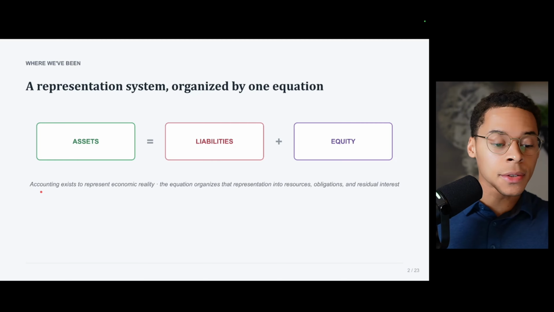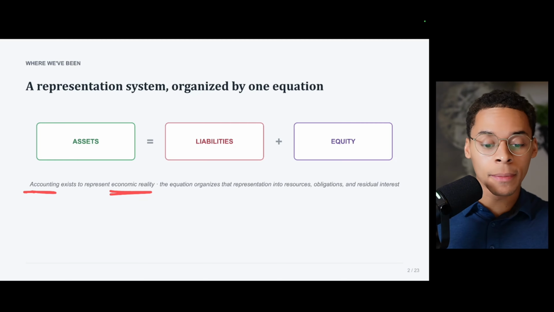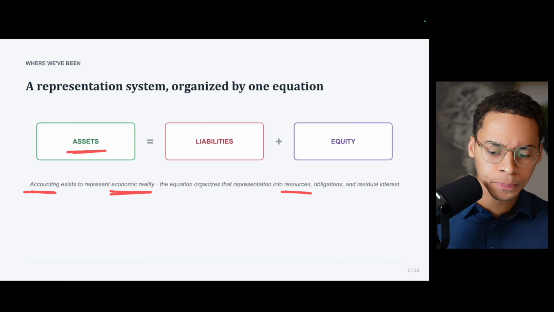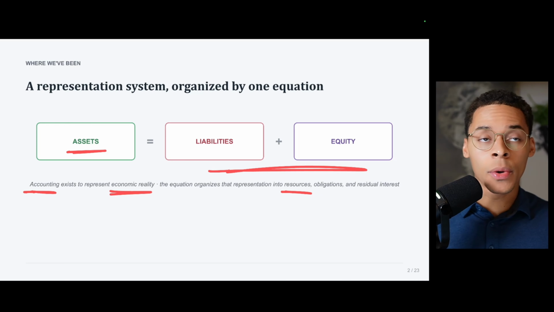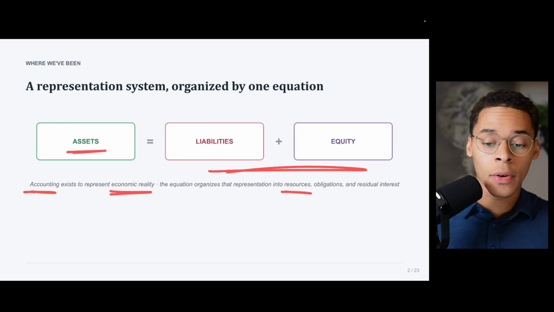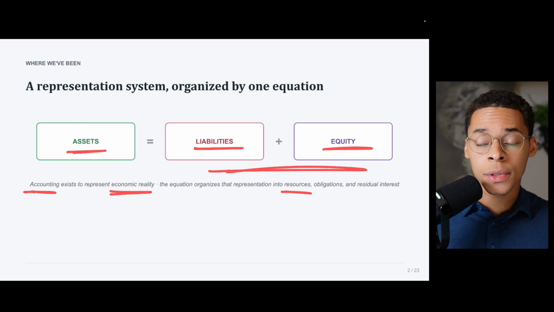So accounting exists to represent economic reality, and this equation organizes that representation into resources. Okay, and we know resources are going to be termed assets, and essentially claims on resources, which is going to be the right side of our beloved accounting equation, which can be further decomposed into liabilities or obligations and residual interest or equity.